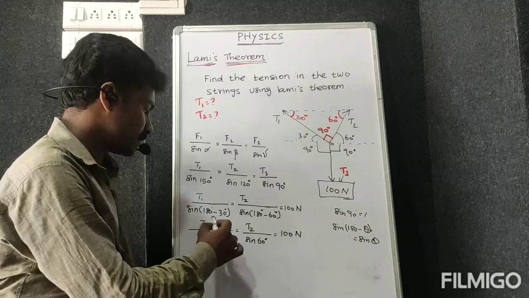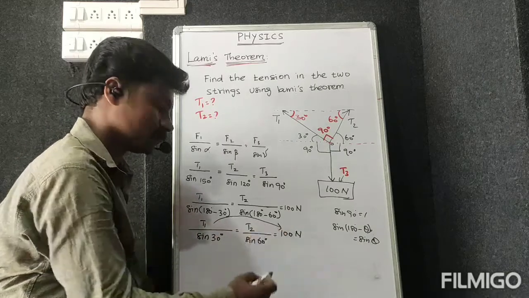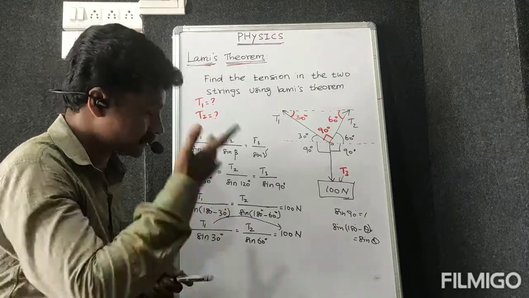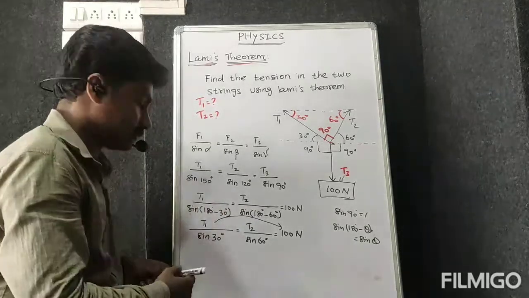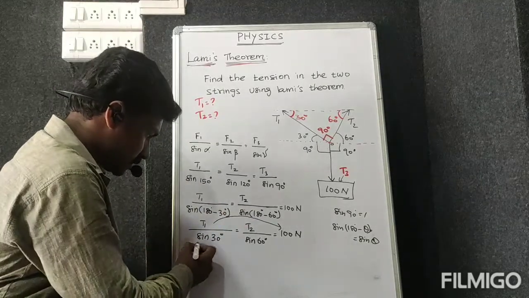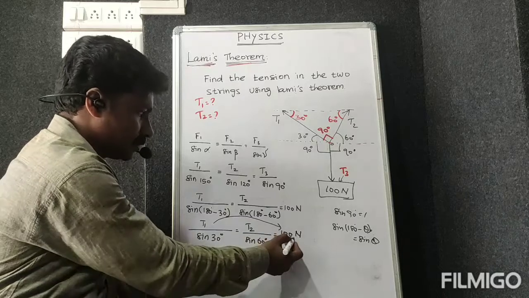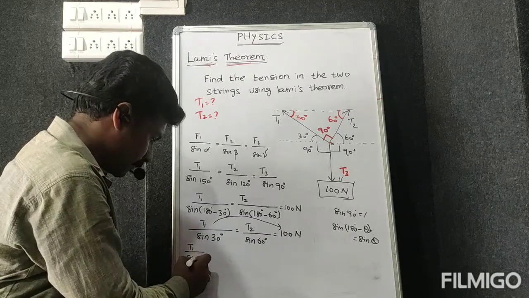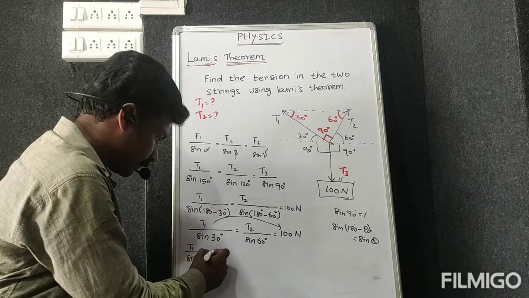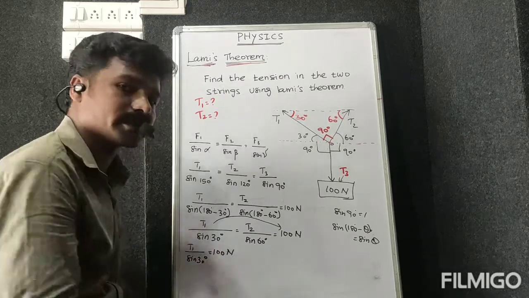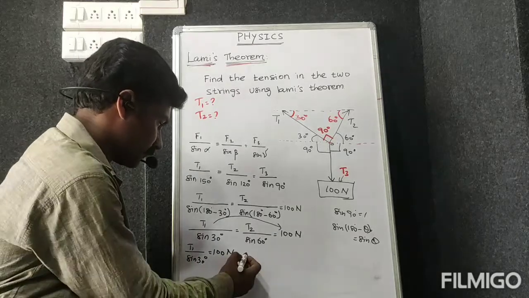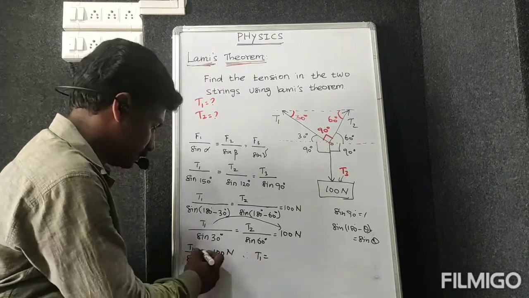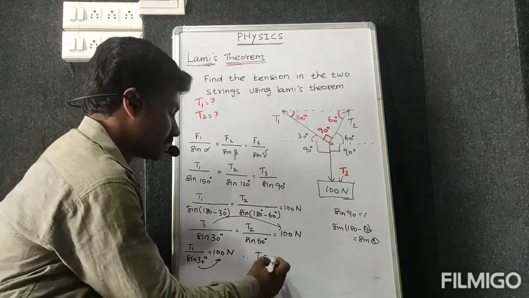Now first I can compare these two. Please listen. T1 divided by sin 30 is equal to 100 Newton. Therefore, T1 is equal to 100 into sin 30.